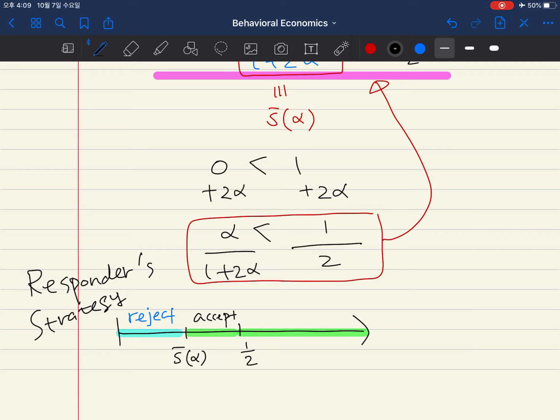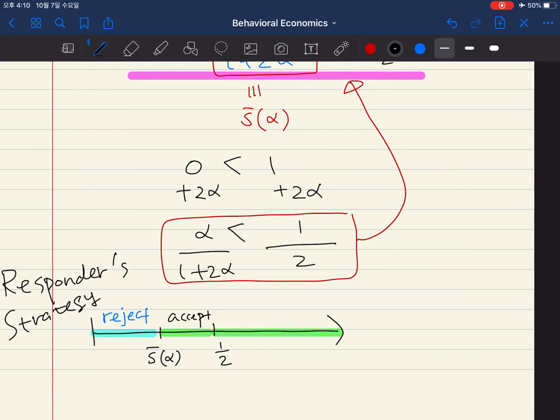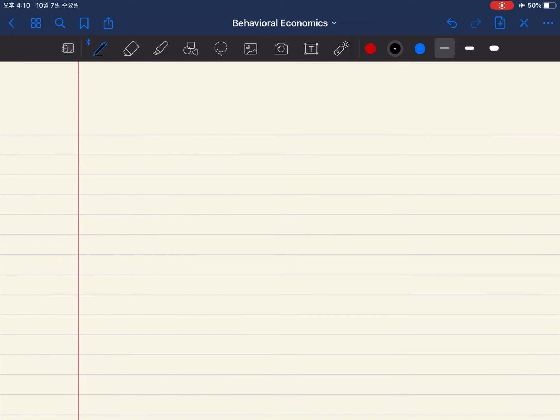Then, anticipating the responder's strategy, the proposer is going to make an offer to maximize his utility. So now let's think about what the best offer is for the proposer. Let's think about the proposer's offer choice.